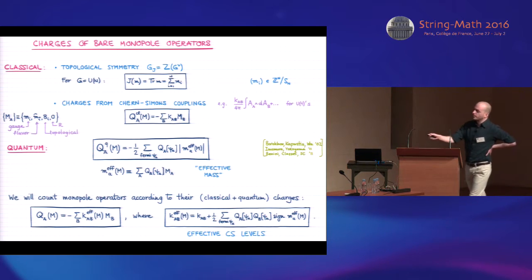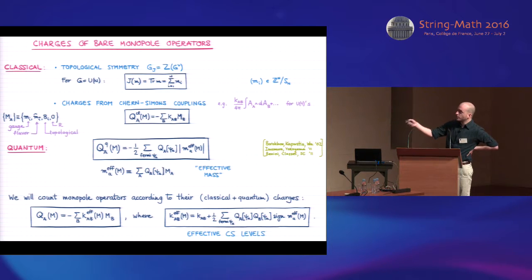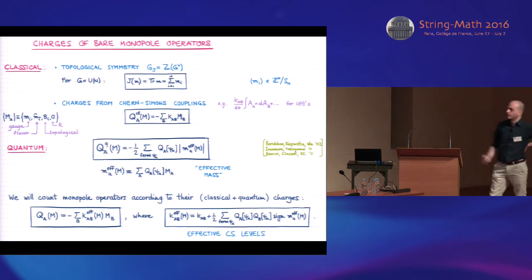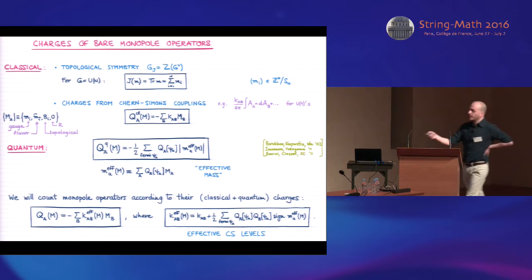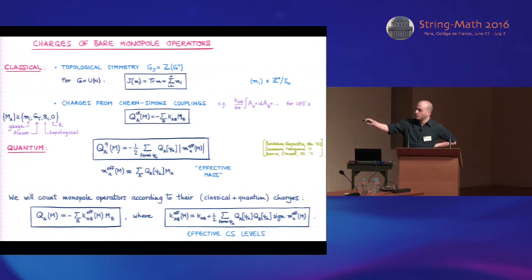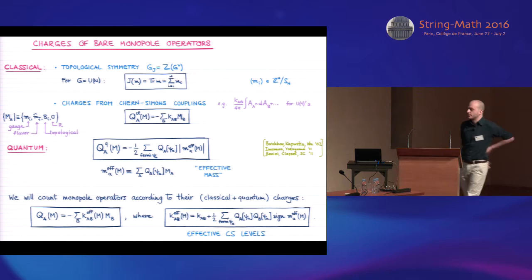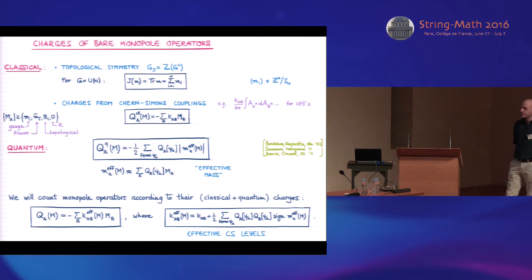And when we introduce monopole operators, so we have a magnetic flux here, this induces an electric charge for the monopole operator just by the Chern-Simons coupling. And so at the classical level, we have a formula for the charges of monopole operators of this type involving the Chern-Simons levels. But this is not all.